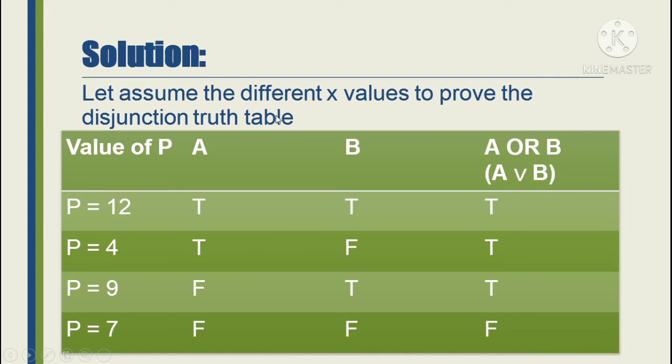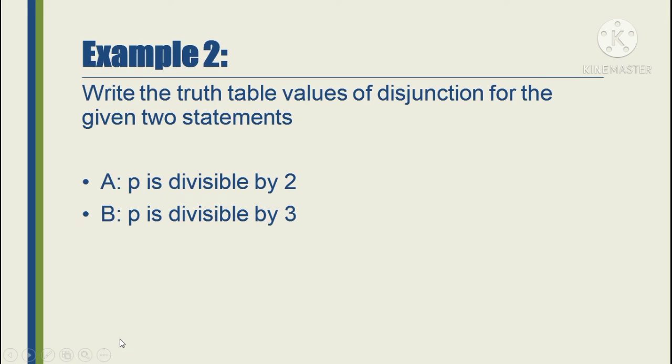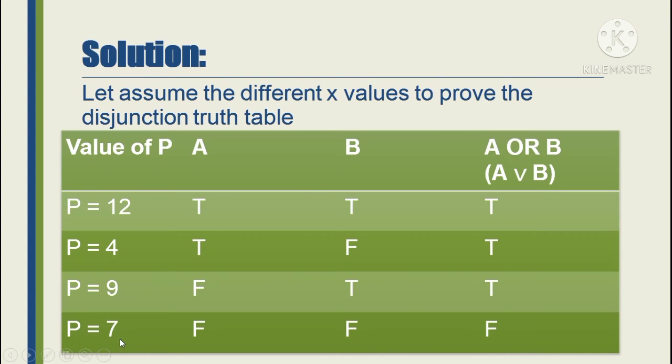So, halimbawa, yung value ng P natin ay 12, 4, 9, 7. So, sa condition A natin, dapat siya divisible by 2. Sa B naman, may condition tayo na divisible by 3. Okay. So, si 12 ay divisible ba siya kay 2?